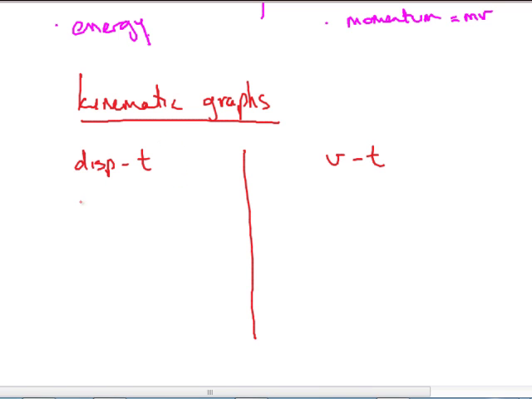So displacement time. Your gradient gives you your velocity. When it is horizontal, then there is no motion.